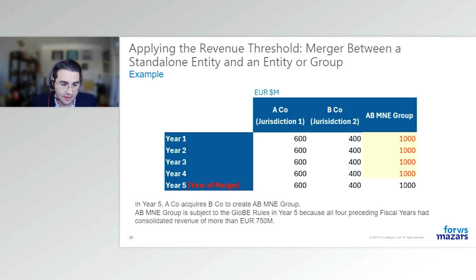They've hit 1 billion euro. So in year 5, because all 4 preceding fiscal years had consolidated revenue of more than 750 million euro, we now have to think about Pillar 2 going forward for this M&E group. So that's in the context of combining groups.